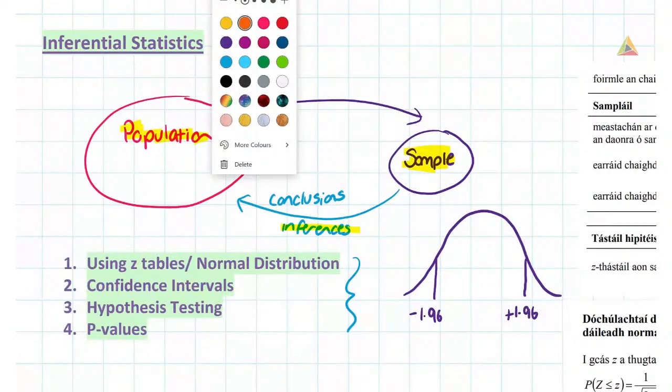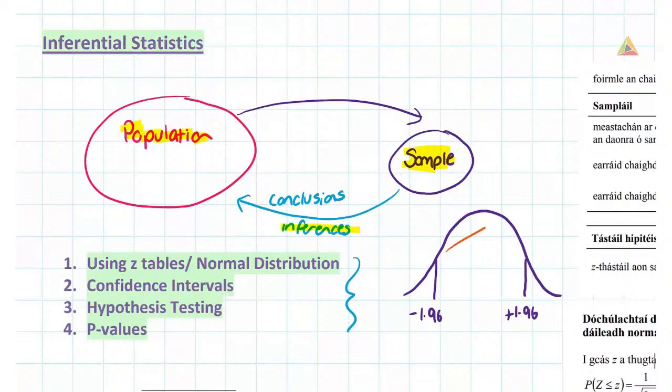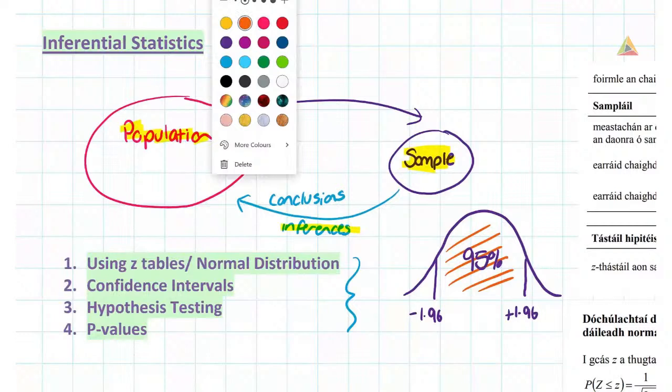And we know from our studies that within 1.96 standard deviations of the mean, 95% of the data lies in there. Again, that's coming from our log tables.